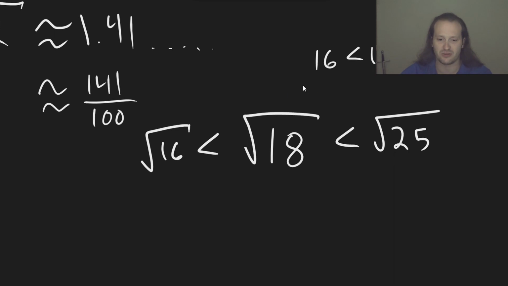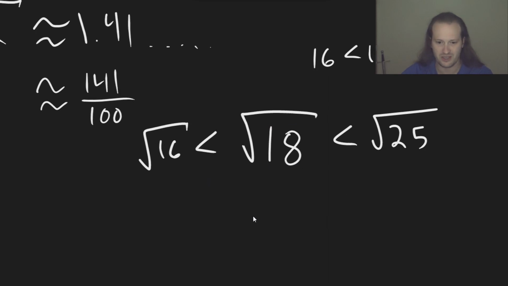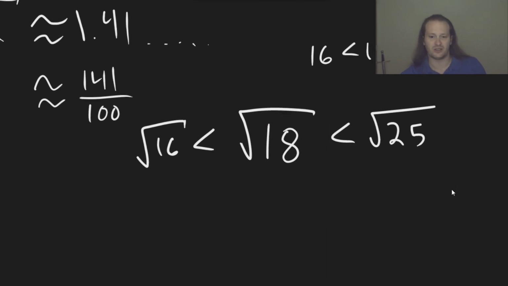Because this is an operation, right? Rooting and exponentiating, raising something to an exponent, is an operation, so we can just do it to all of the sides of this. Yeah, you get what I'm saying. It has to be in between there.